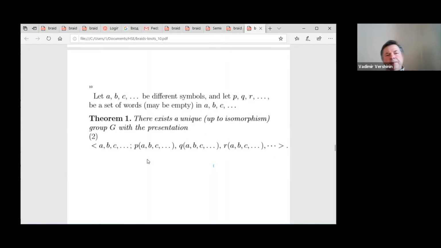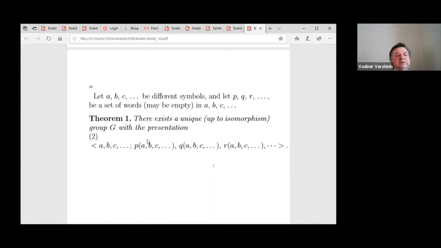Then there is the evident theorem that if you have a presentation, the cardinality of all this may be arbitrary, no problem. Then there is one group up to isomorphism which has this presentation.